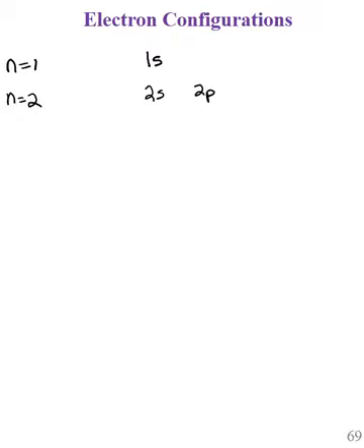Next one, we have n equals 3. What subshells are in that one? 3s, 3p, and 3d. Now if I was looking at n equals 4, what subshells do I have in that one? If you can see the pattern, we're going to have 4. We have the 4s, the 4p, the 4d, as well as the 4f.